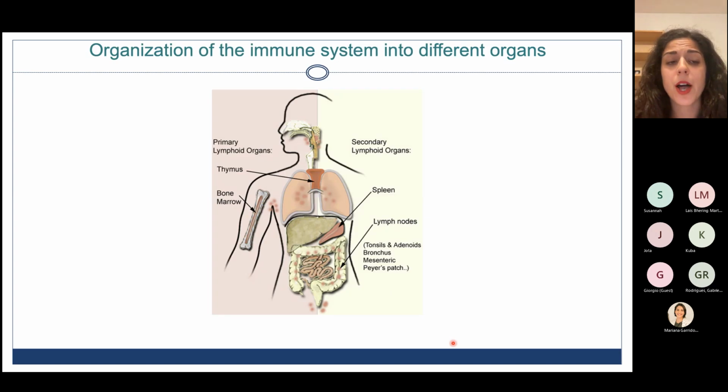So, for example, the immune system is organized in different organs. You have both primary lymphoid organs and secondary lymphoid organs where the immune cells are. The aim of the primary lymphoid organs, the bone marrow and the thymus, is to generate the immune cells.